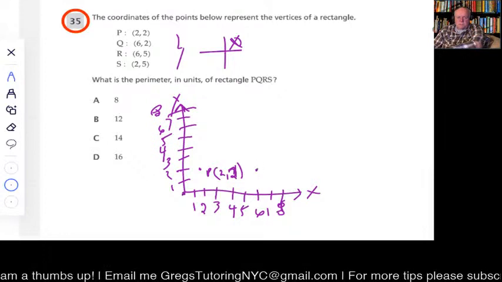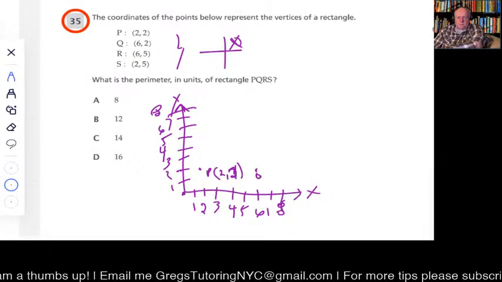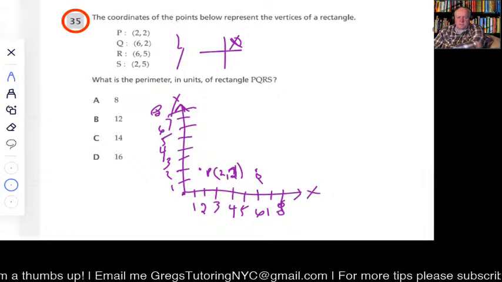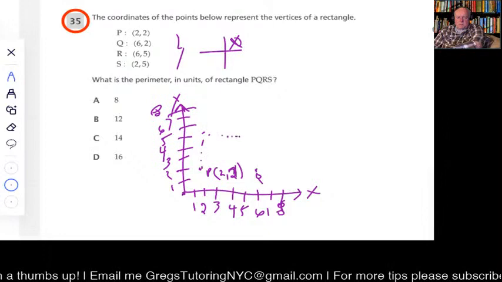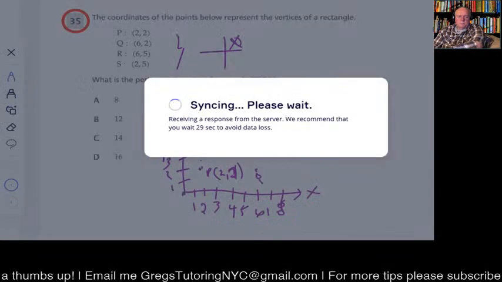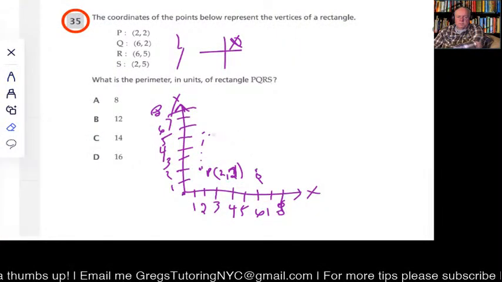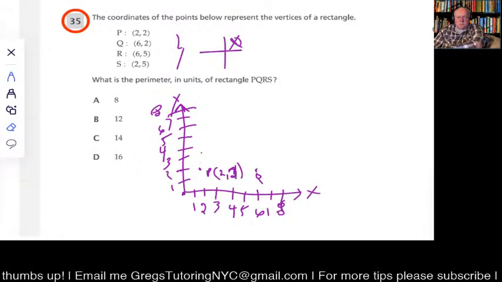Okay, so far, if we drew them and connected them, that's certainly a straight line, and maybe this is going to go like that. I don't know, right? So let me get rid of those dots just to show you that's what we're doing. So Q is 6, 2.